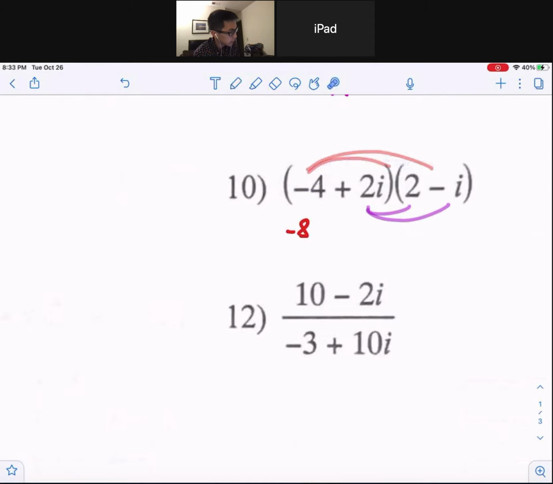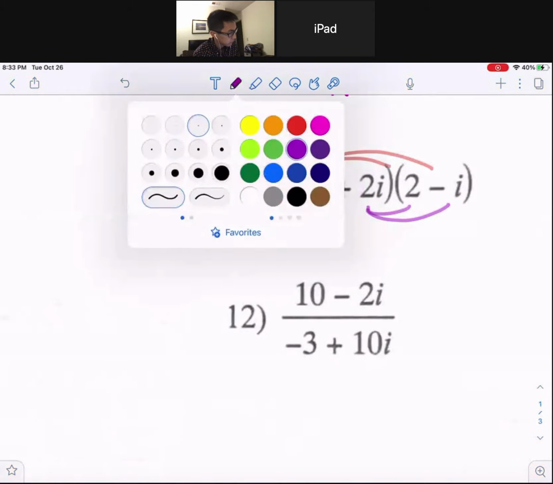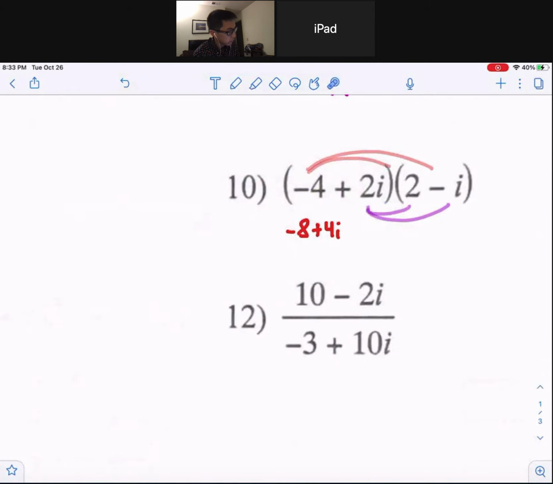Negative 4 times negative i, plus 4i. 2i times 2, plus 4i. And 2i times negative i, that's negative 2i squared. But you should know i to the second power is just negative 1. So what's negative 2 times negative 1? That is plus 2.